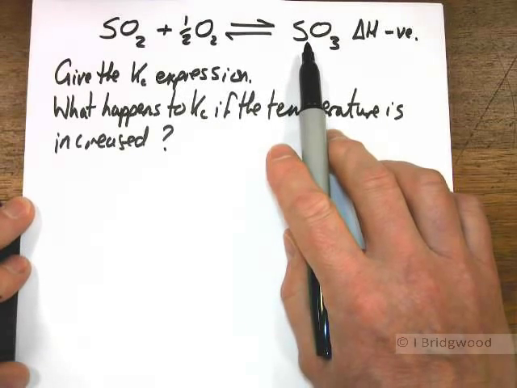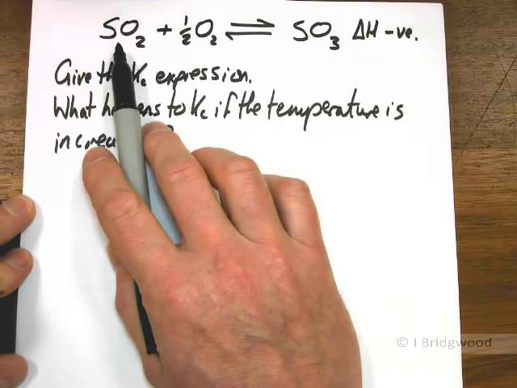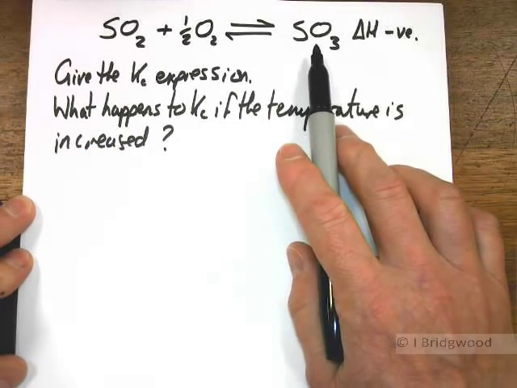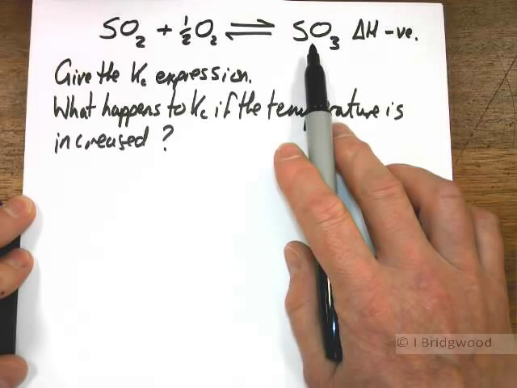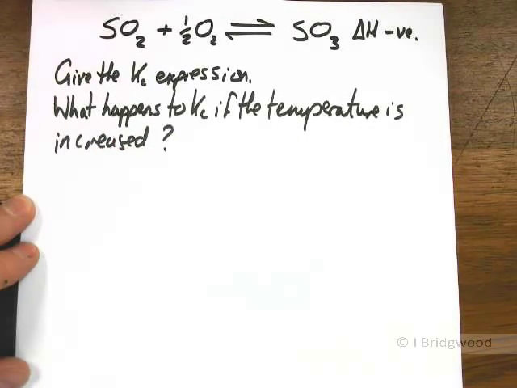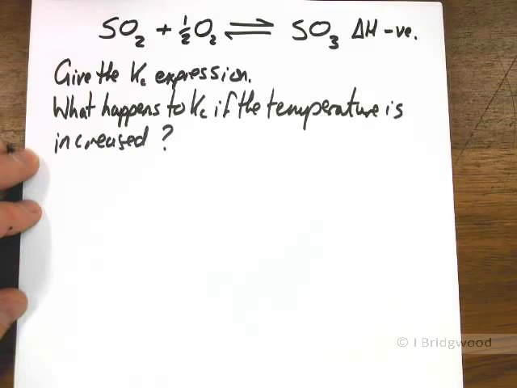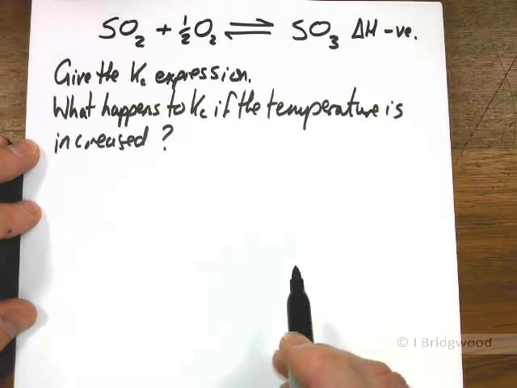I could have as easily written it as 2 moles of SO2 going to O2 and to give 2 moles of SO3. Now in that particular case the Kc expression would be different, and the units of Kc would also be different.